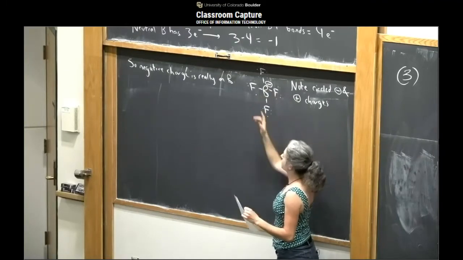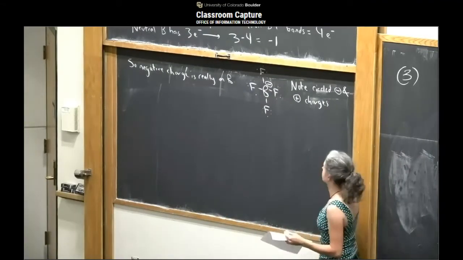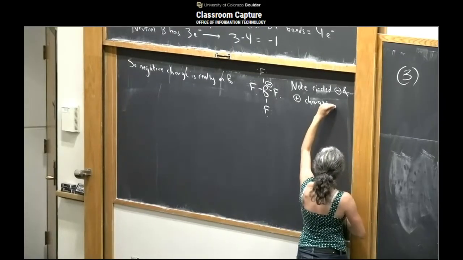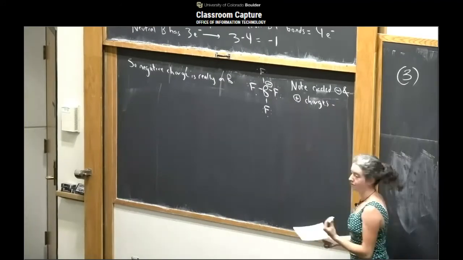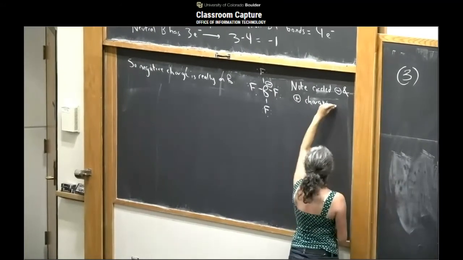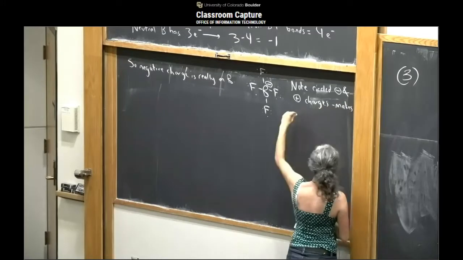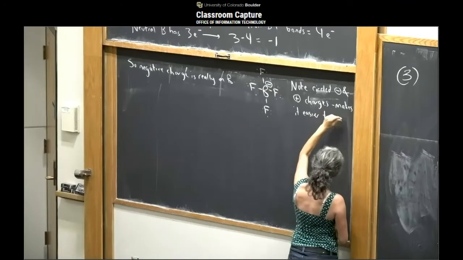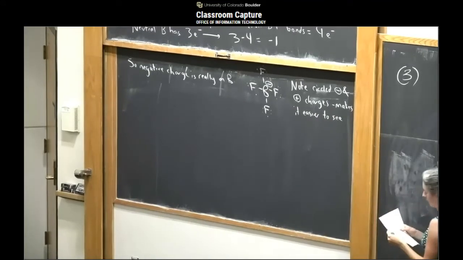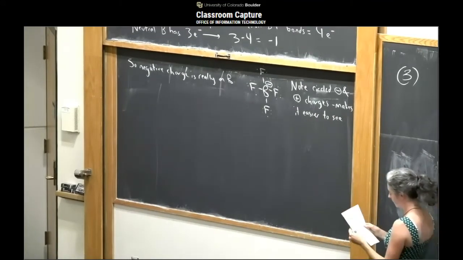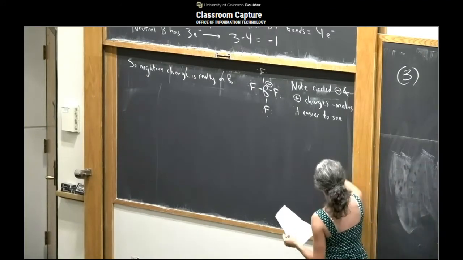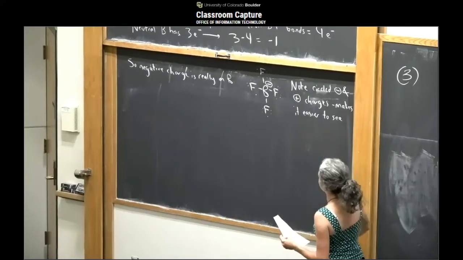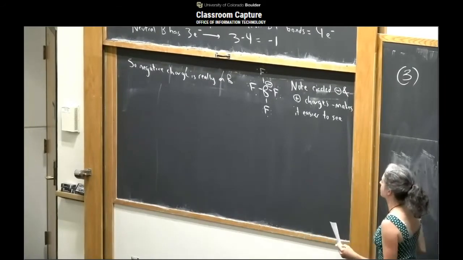Or if I draw it close enough, it might look like a double bond to the fluorine, which is nonsense. So generally, you want to get in the habit of circling your charges. Pretty much like I automatically am going to draw a circle as soon as I draw a plus or minus charge. It's a good habit to get into.